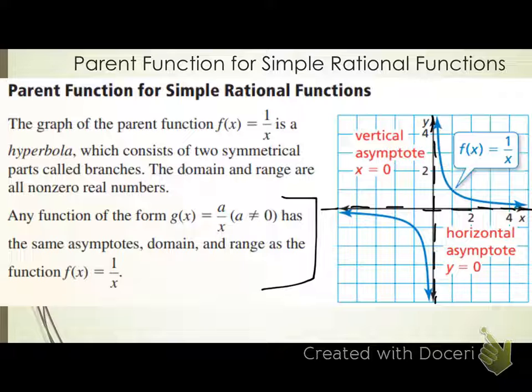The asymptotes will be at x equals 0, y equals 0. Domain and range will be all real numbers except for 0. Okay? Any questions about any of that? Good? Okay, I'll give you a little bit to write this.